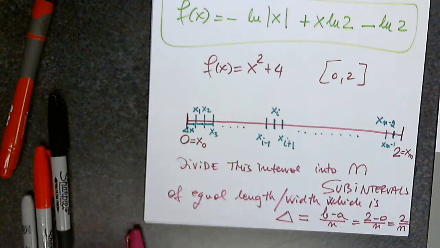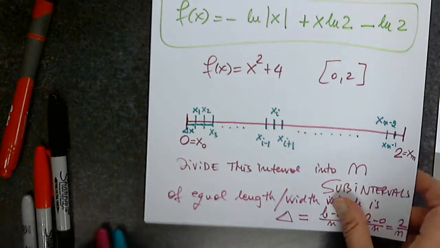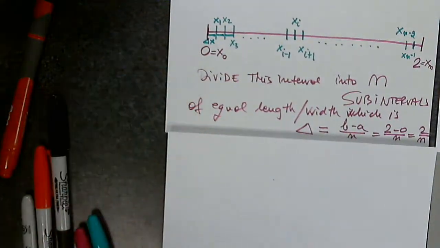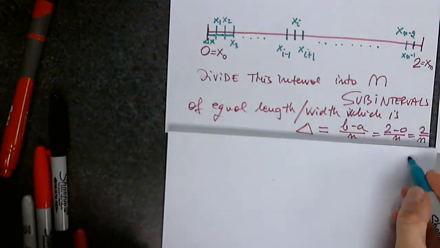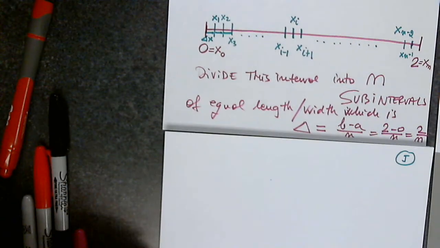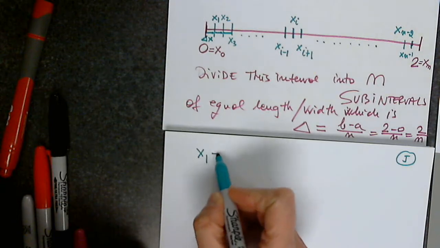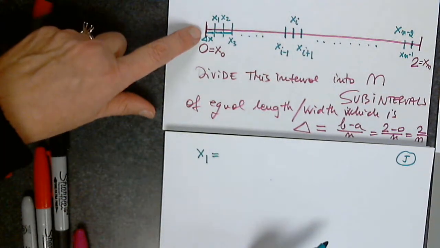And I'm going to say again that I created n subintervals of the same width. Now I would like you to tell me, stay with me please, once we understand this then the rest will be easier. Can you please tell me how much is x1? Can you express x1 for me?